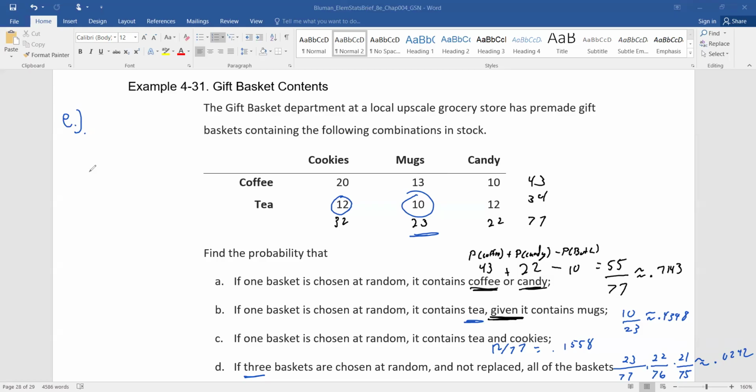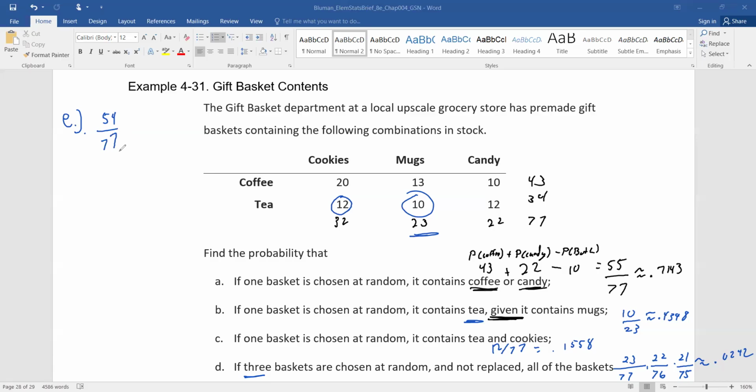So E says if 3 baskets are chosen at random and not replaced, none contain mugs. All right, so if there's 23 that do contain mugs, I find it to be easier to do 77 minus 23 rather than adding all these numbers up that do not contain mugs. So 77 minus 23 would be 54. So there's 54 options that do not contain a mug, but there's still 77 total.